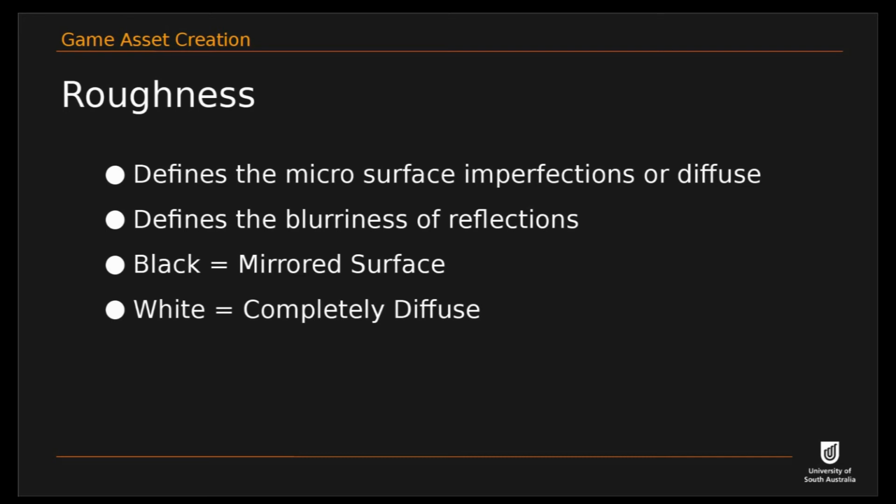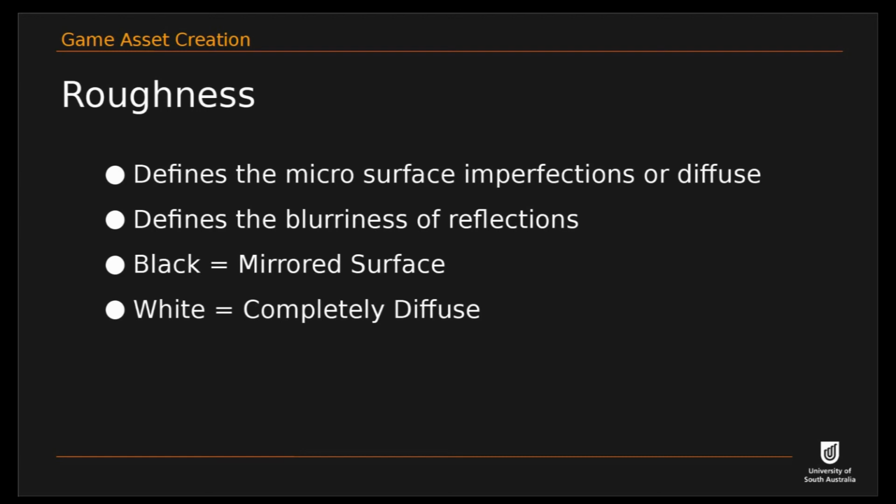So roughness is how polished that object is, and how much of a sheen we're getting on the top of that. Black will give us a roughness of 0. Anything that's 0% rough is another way of saying 100% glossy. So that's where we get our mirrors.